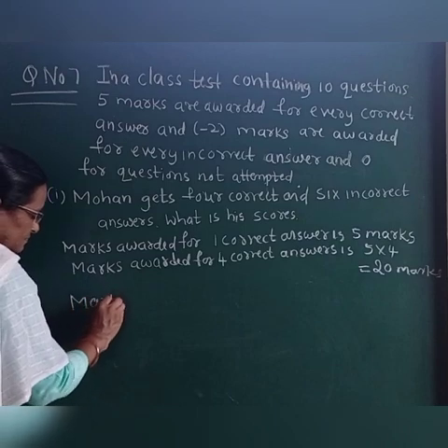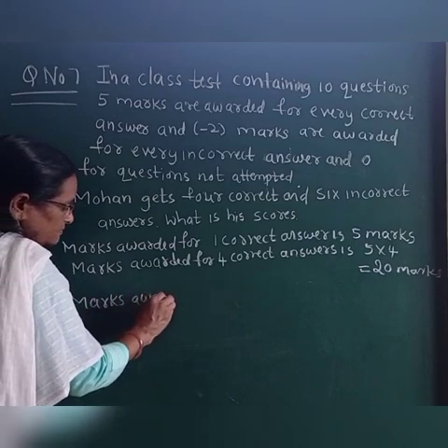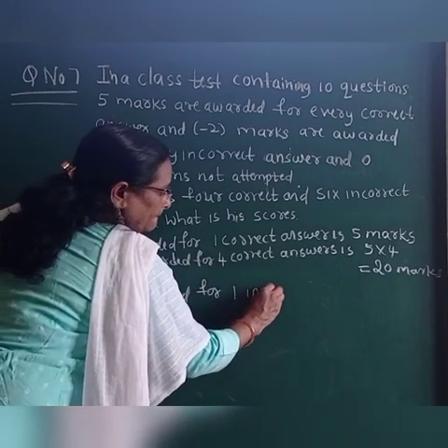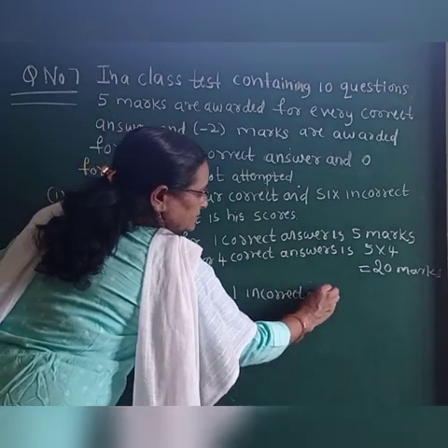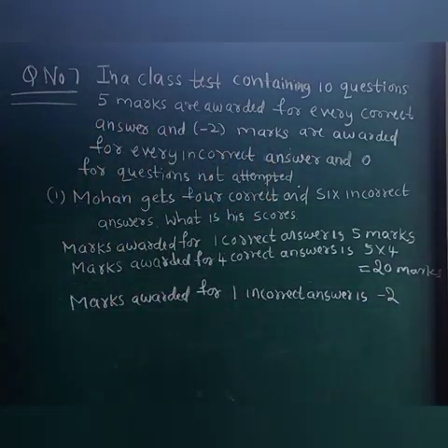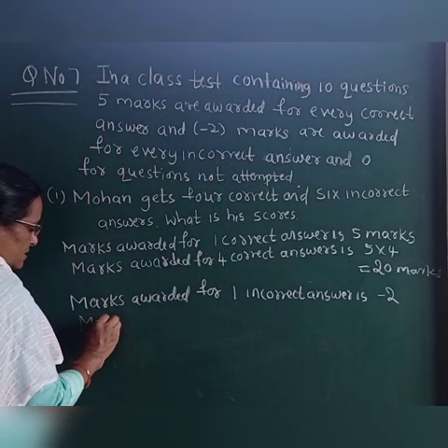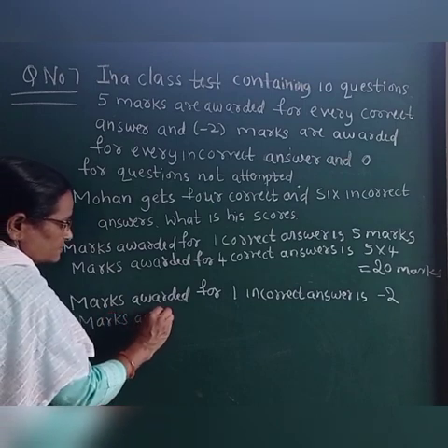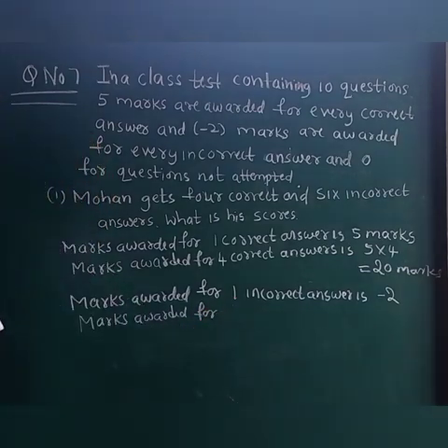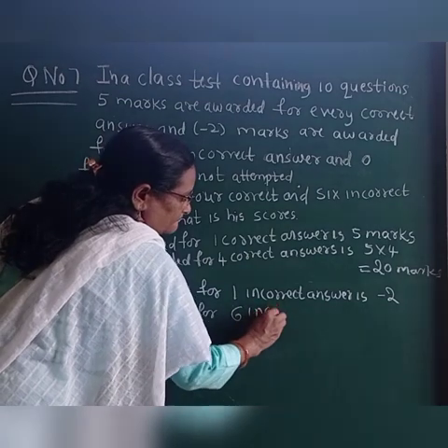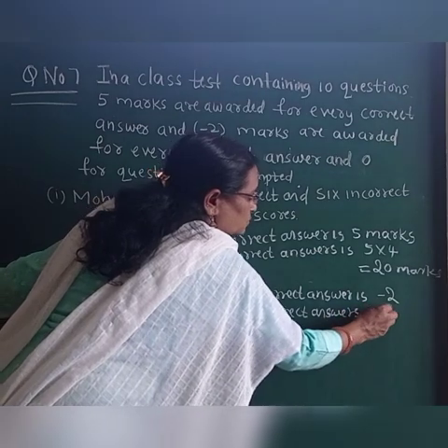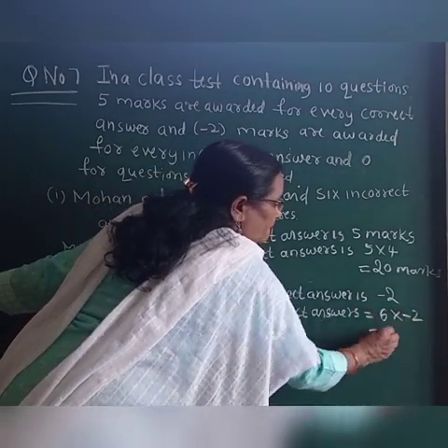Marks awarded for how many incorrect answers he wrote? 6. Marks awarded for 6 incorrect answers is equal to 6 into minus 2, minus 12.